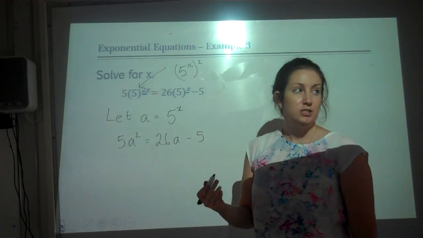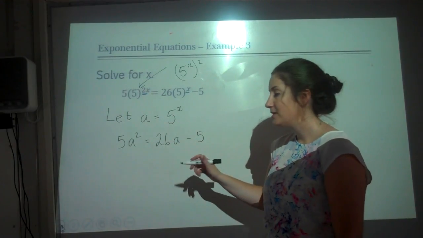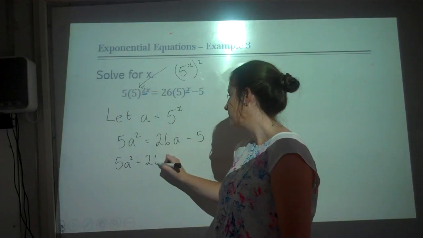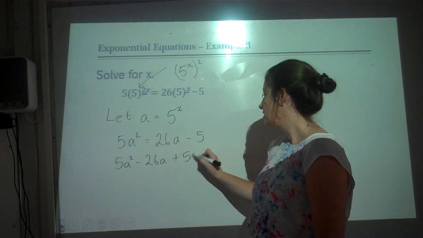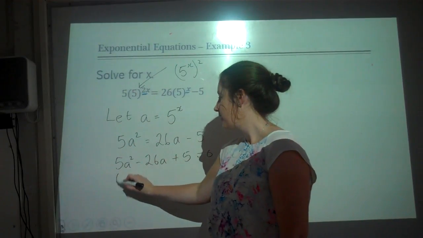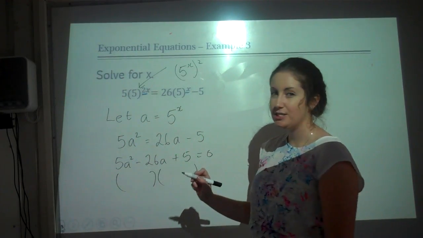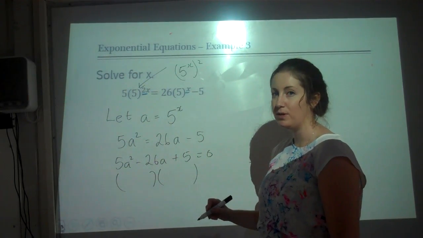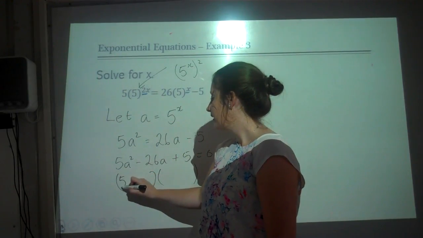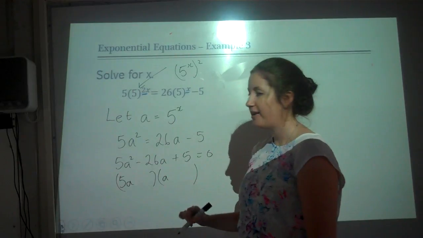It's a quadratic expression. To solve quadratic expressions, we need to set them equal to 0 and use the null factor law. So I'm going to take everything to one side. Now we need to factorise. And remember, a lot of these questions are tech-free, so get used to doing them without a calculator. The only factors of 5a are going to be 5a and 5.